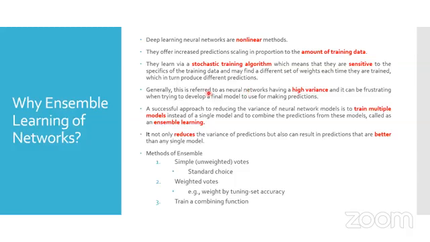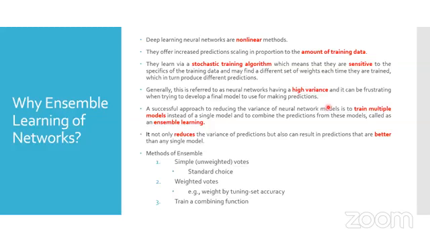Okay, so this is why neural networks have a high variance, and it can be very frustrating to see the final developed model used for doing any predictions, right? So that is why a successful approach to reduce the variance of the neural network model is ensemble learning.